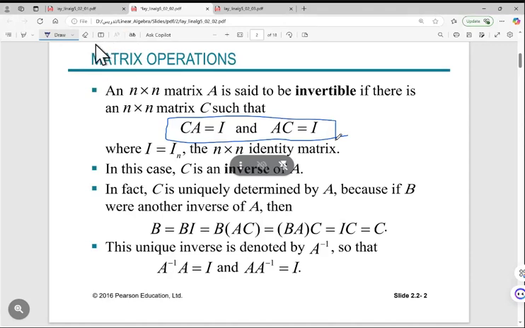Matrix C so that CA equals identity matrix, AC equals identity matrix. A question: is the inverse of a matrix unique?